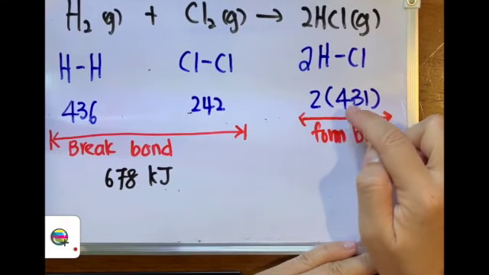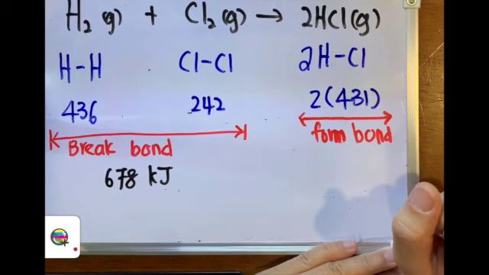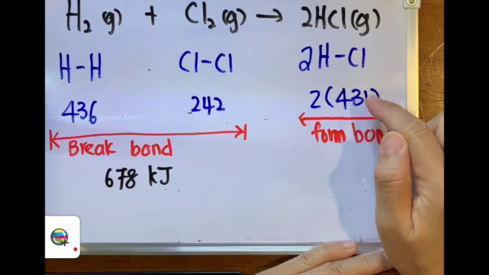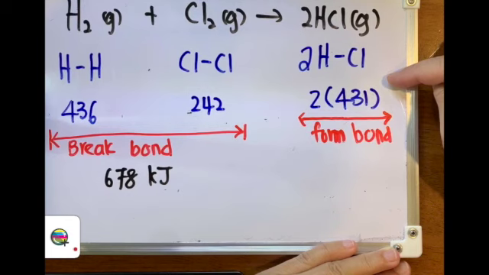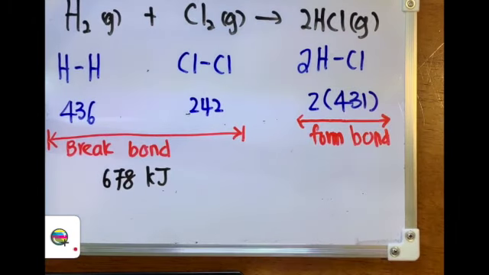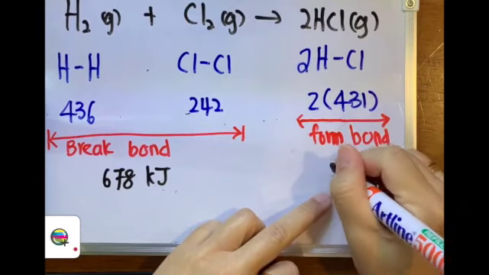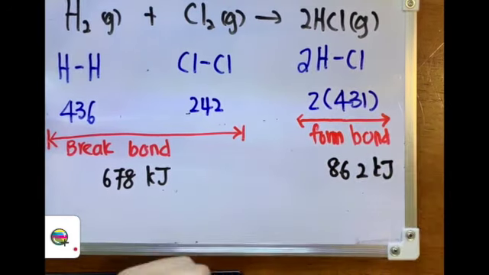Each hydrogen chloride single covalent bond, when it forms, will release 431 kilojoule of energy. In order for us to get 2 stable hydrogen chloride gas molecules, we need to release 431 times 2 kilojoule of energy, which means they are going to release 862 kilojoule of energy.